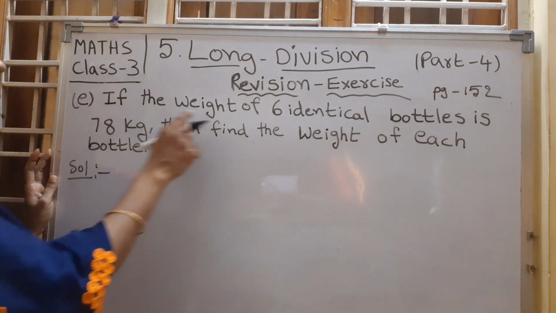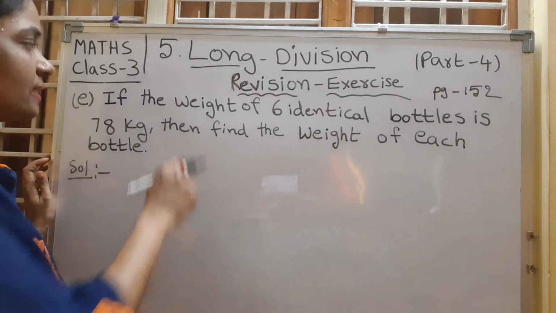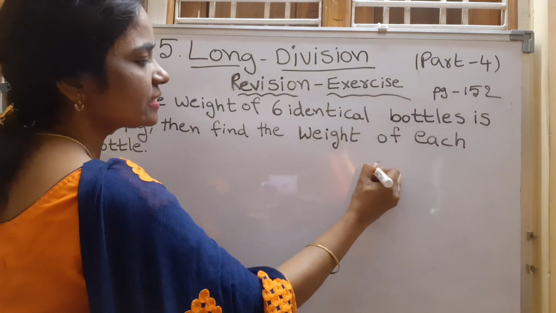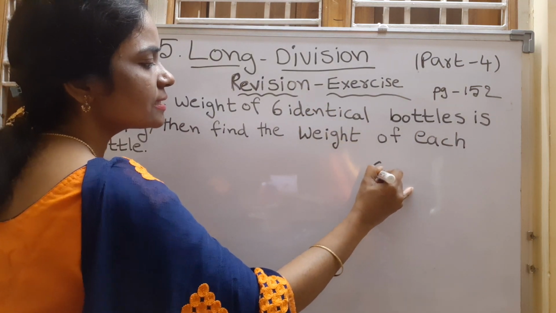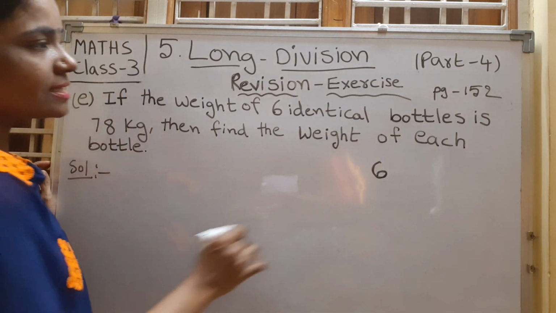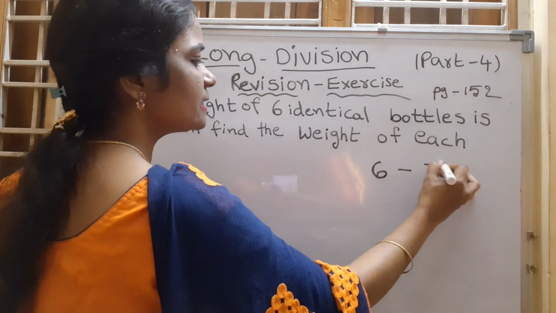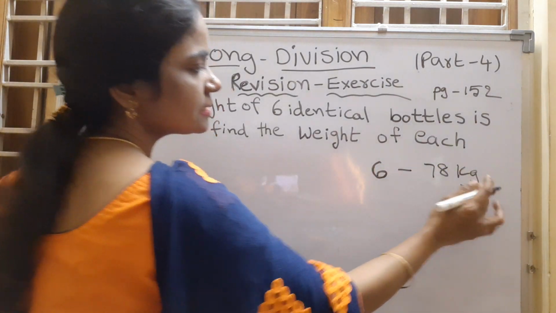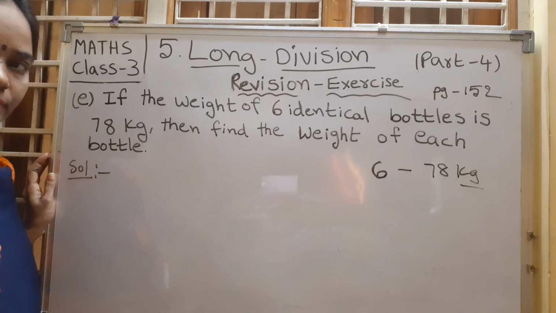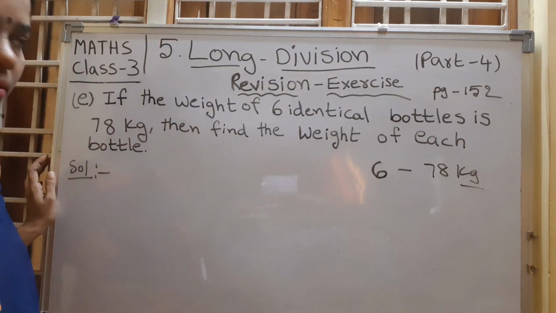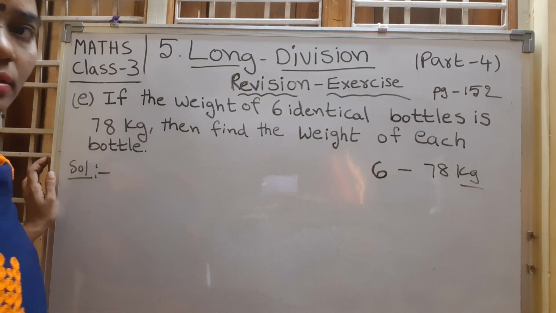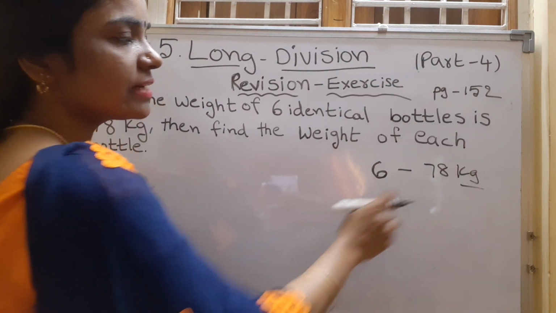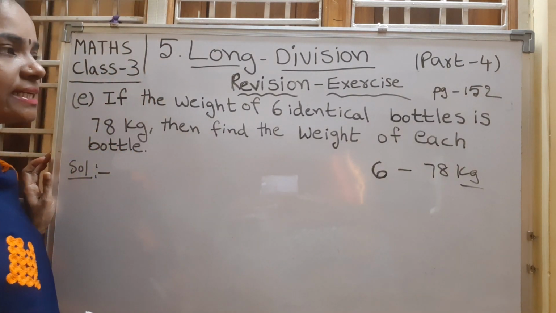So here six bottles weight is given. How many bottles are there? There are six bottles. Six bottles weight is given, that is 78 kgs. So kgs are the units here. Weight is always measured in kgs, grams. Yes, children.